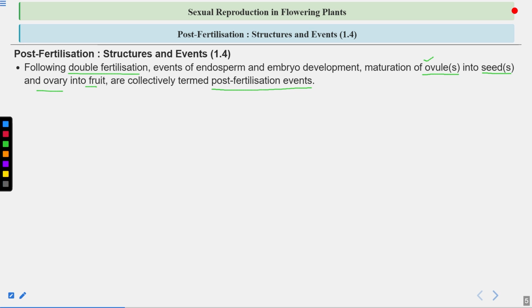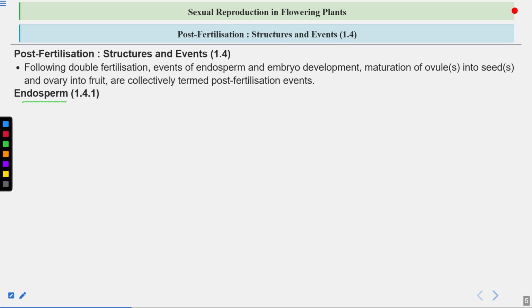So, let us see endosperm first. Now, there is one point: which part develops first, endosperm or embryo? And if endosperm, then why? Why does the endosperm develop earlier than the embryo?